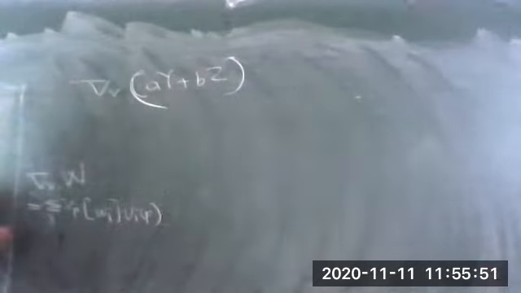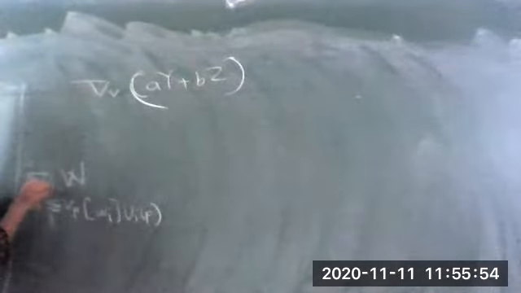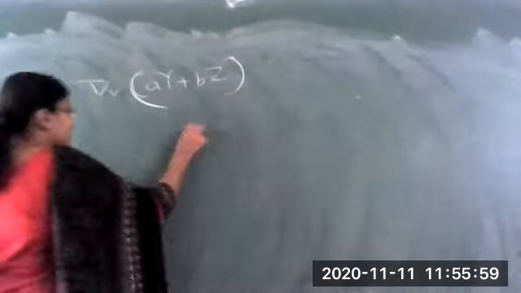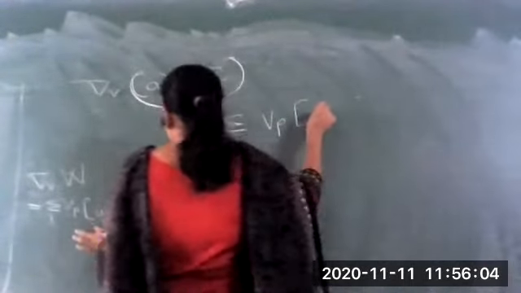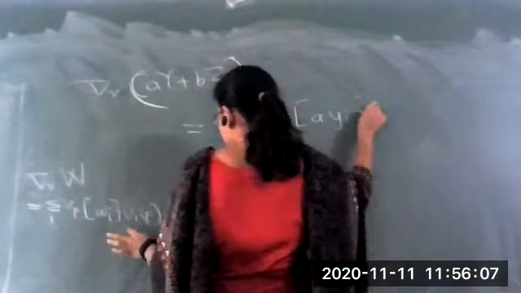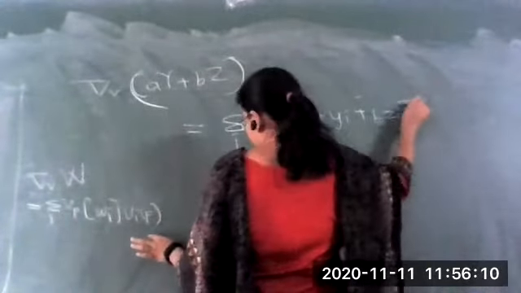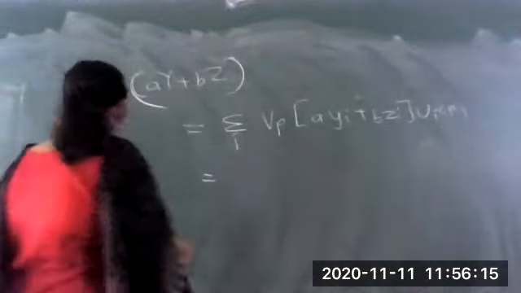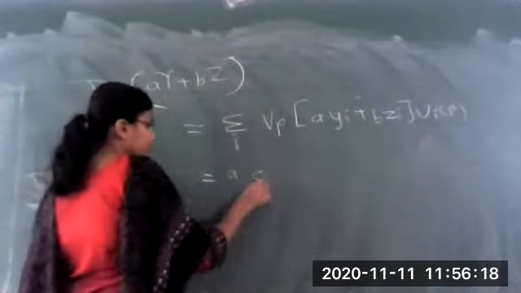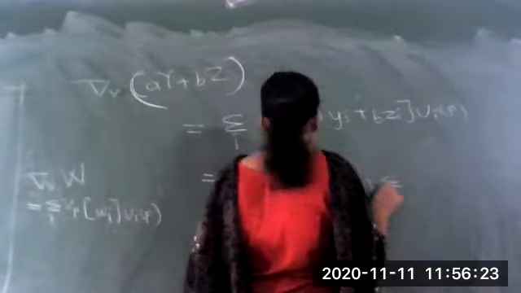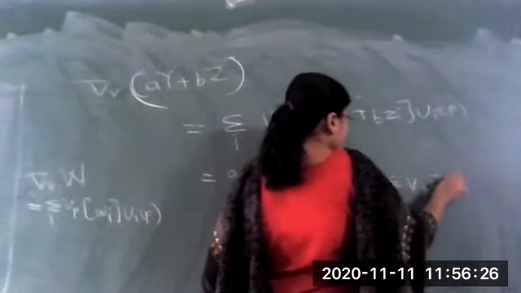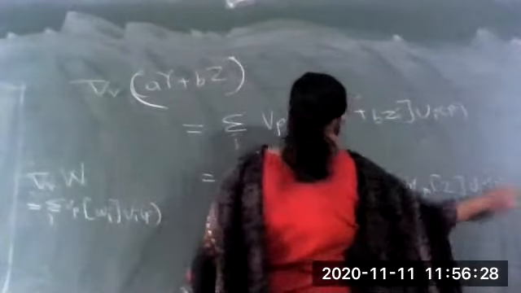In the last property, instead of one tangent vector, we had aV + bW, that's why we solved it like that. Okay, so let us write this as summation over i, as it is, VP, aYi + bZi, Ui at a point. Now a is a scalar, I can take it outside: a summation over i VP Yi Ui at a point P, plus b is a scalar, outside: summation over i VP Zi Ui at a point P.